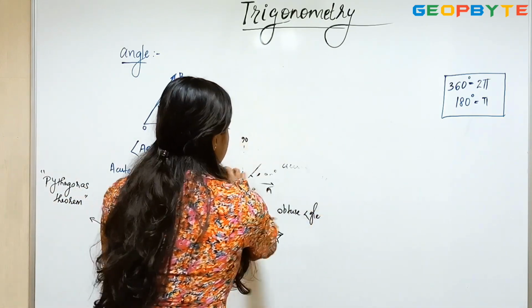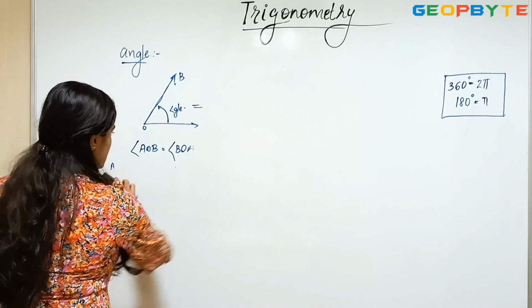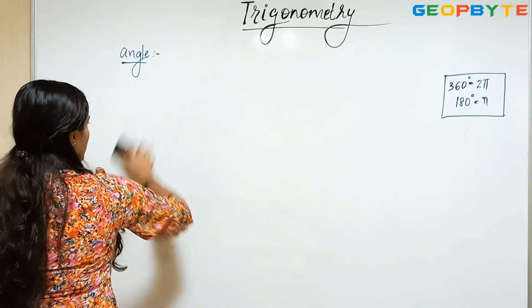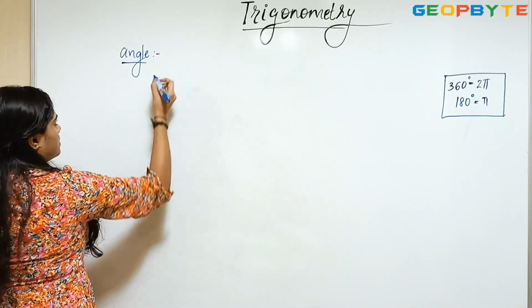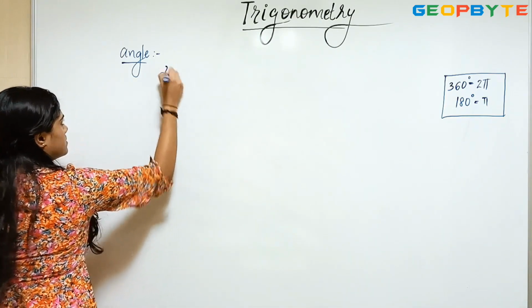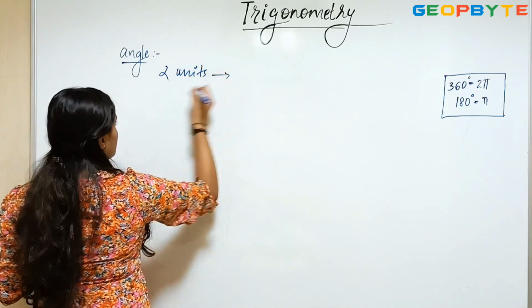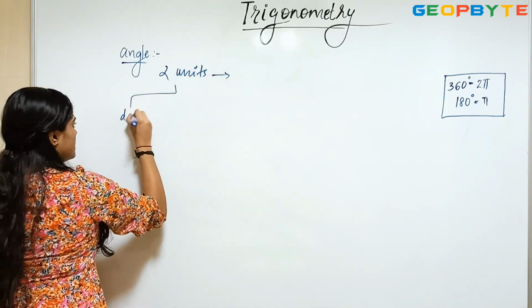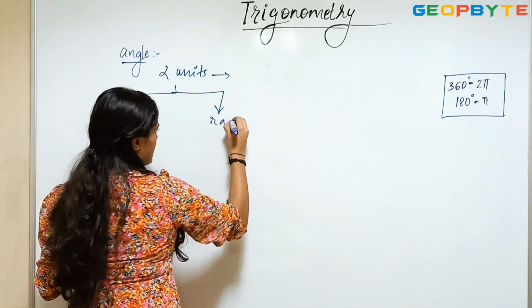Now we know what an angle is. Now we need to measure our angle. There should be some units to measure our angle. There are two units we usually use: one is degree and the other is radian.